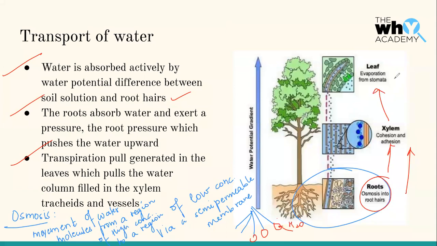And from the leaf, it is given out via the stomata. This is how water moves from roots to xylem to all parts of the plant, finally to the leaf, and whatever is extra is diffused out or evaporated out from the stomata.